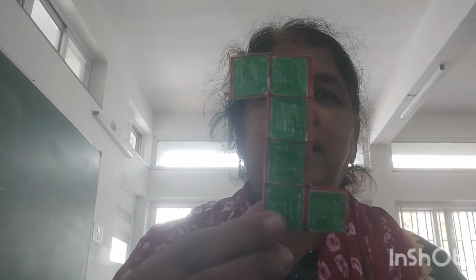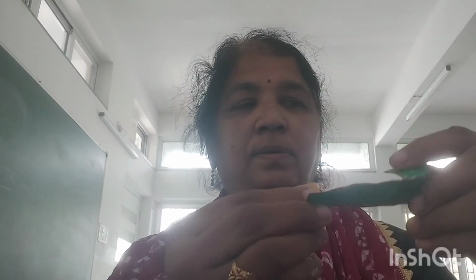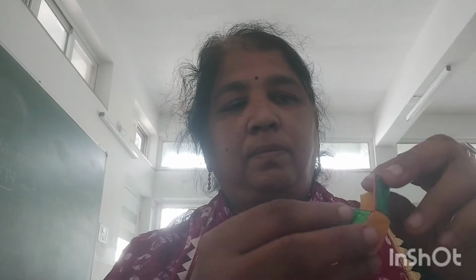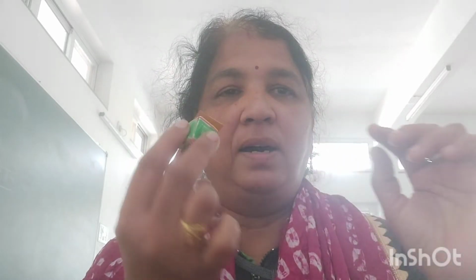Now see, the second grid is given like this. Let's try out for this one. So here I start. And here you can see that for this grid also it's possible to make a cube.